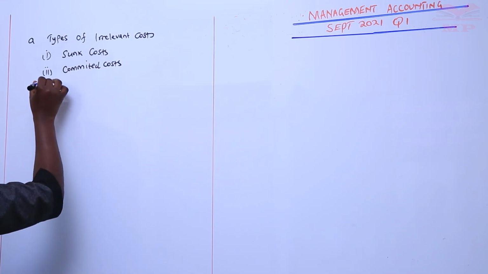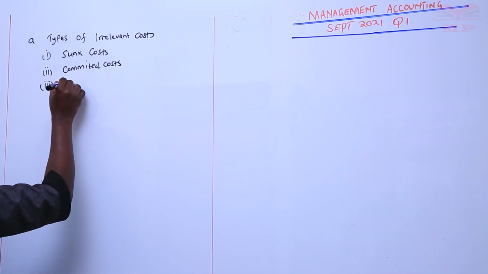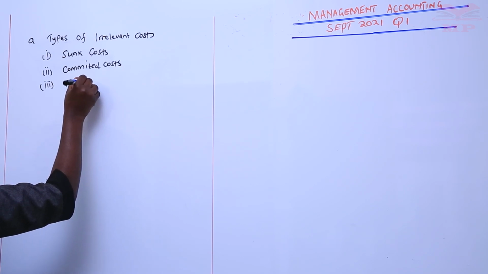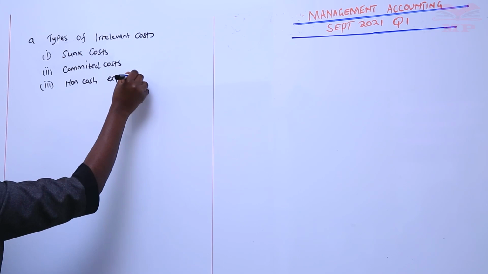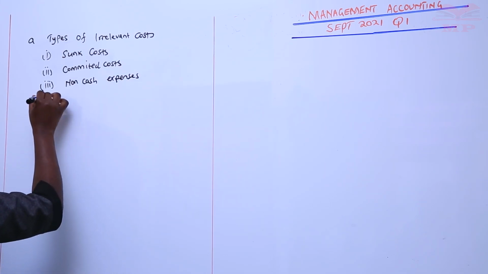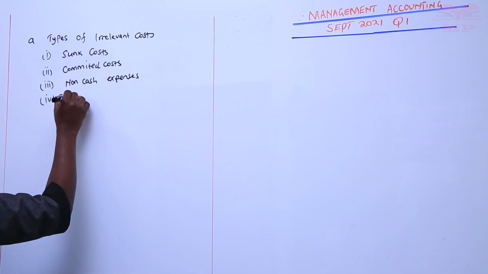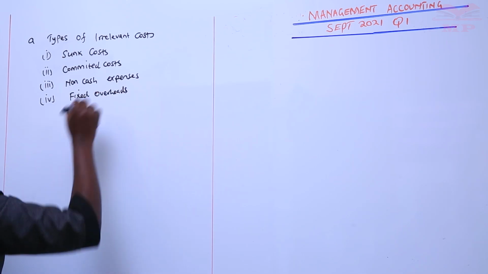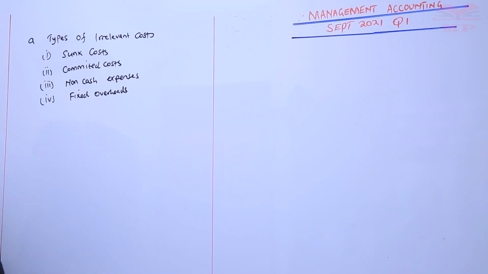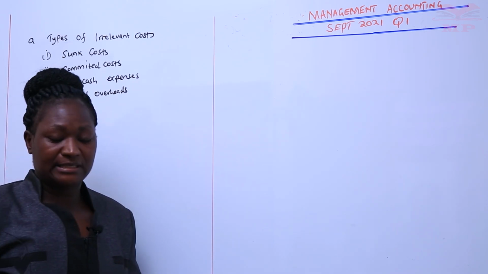Roman 3, we have non-cash expenses. And 4, we have fixed overheads. All these are irrelevant costs.